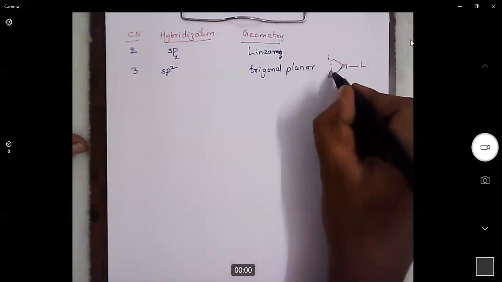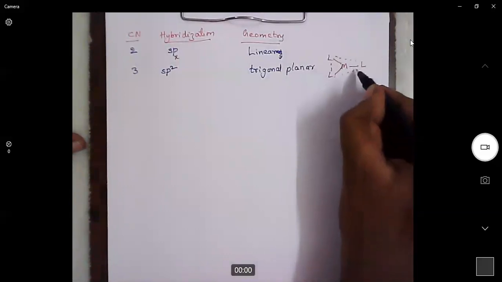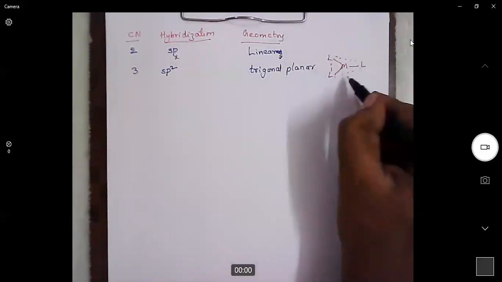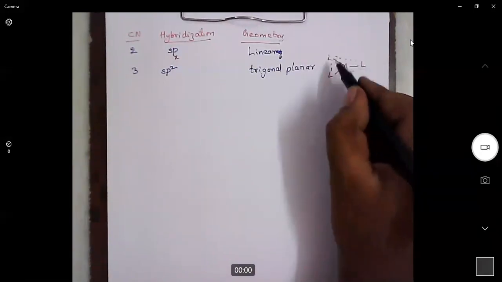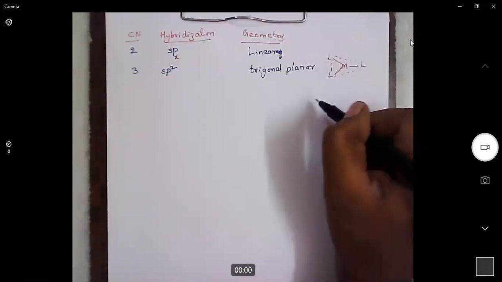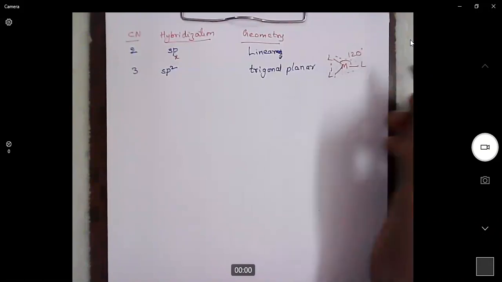So this is the trigonal planar shape. The normal straight lines are used to represent the bond. This dotted line is used to represent the shape. So it is just drawn outside to represent the shape. So trigonal planar, here bond angle is 120 degrees.